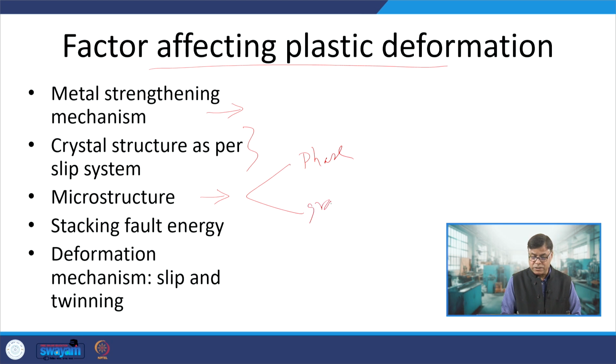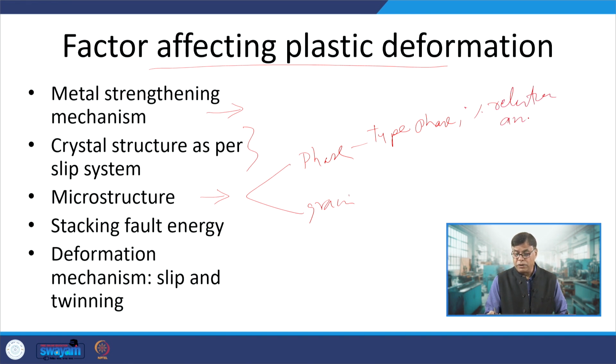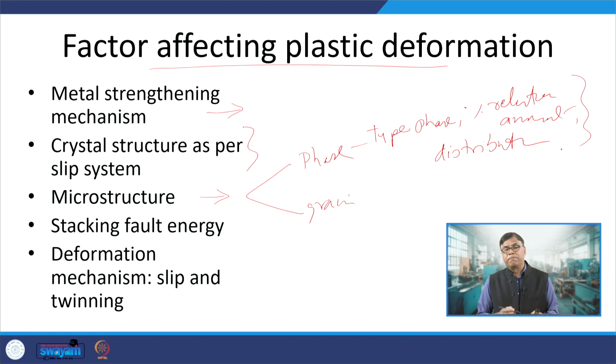So, we have to see, when plastic deformation is taking place either at room temperature or at high temperature, how the phases are getting affected: how the type of phase is getting affected, how the relative amount or percentage of each phase is getting affected, and how the distribution of the phases is getting affected, because all these will determine the plasticity or ease of deformation significantly. So, it is important to consider that.